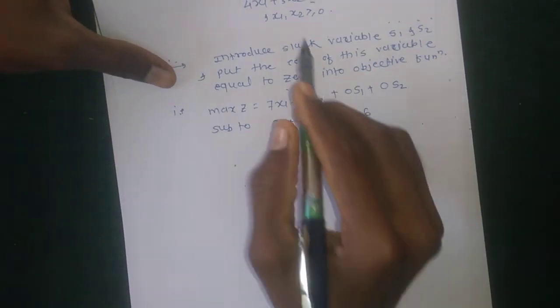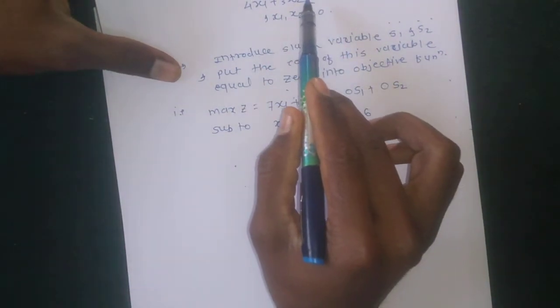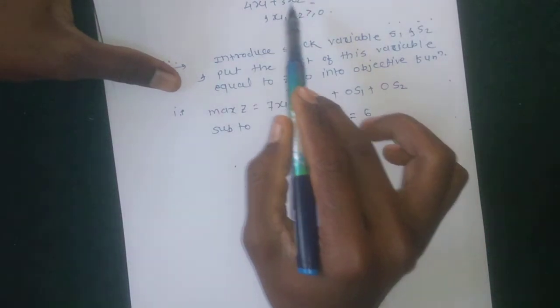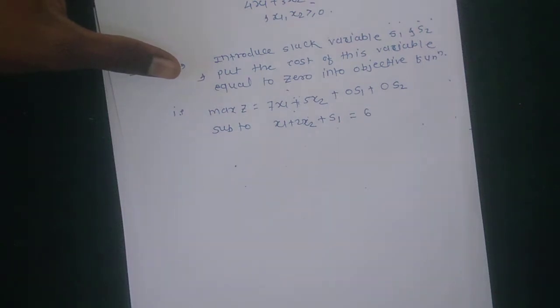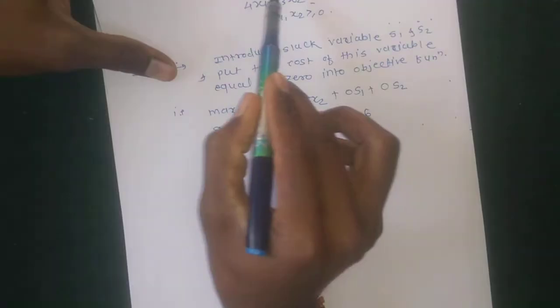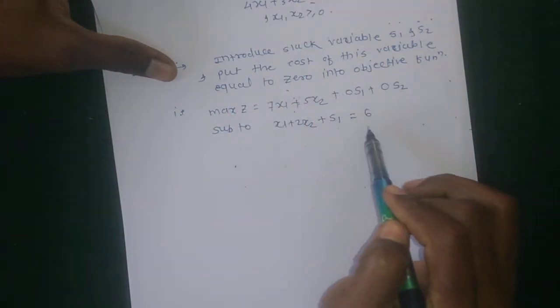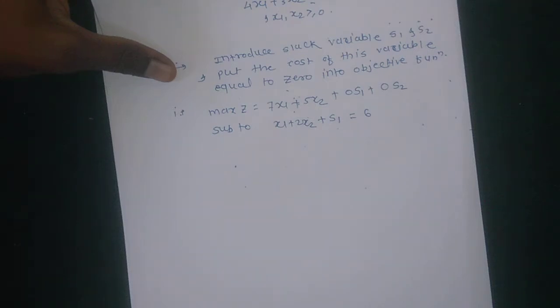Now we convert the inequality to standard form, by adding slack, surplus and artificial variables. Here we add only slack variables to convert inequality to equality.